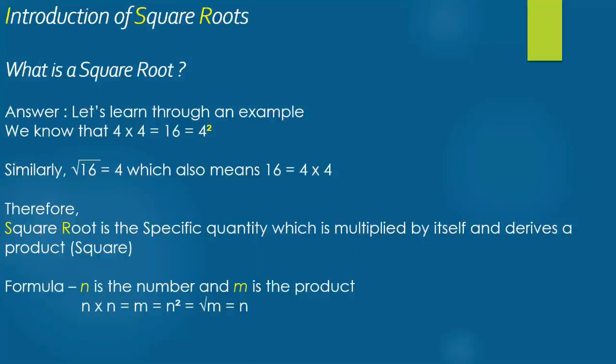Therefore, the formula for that: n is the number and m is the product. So, n into n is equal to m, which is equal to n square. So n is the square root of m. I hope it is easy.